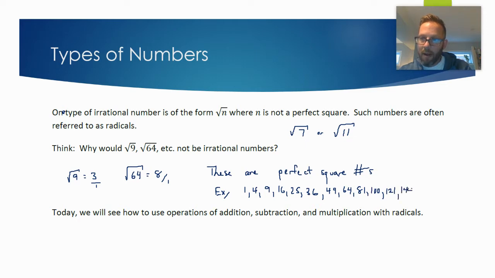I would expect most of you to know those perfect square numbers and be able to know their square roots right away. The root of any one of those is an integer. But the root of any other integer, like the root of 2 or 3 or any in-between number, will be irrational.